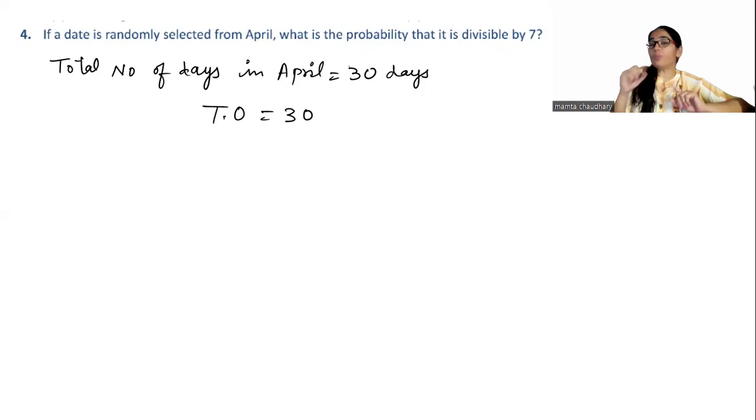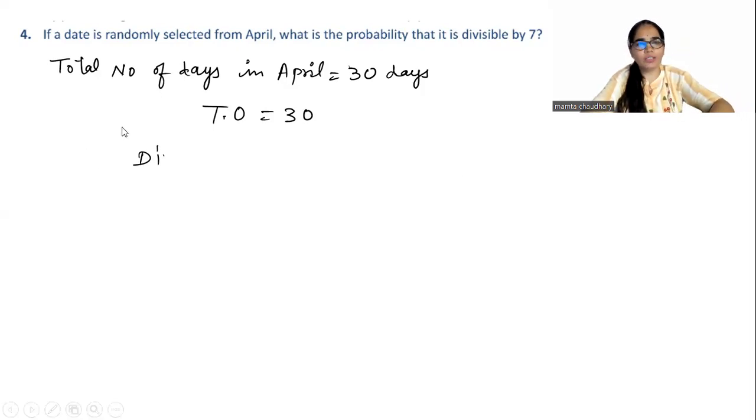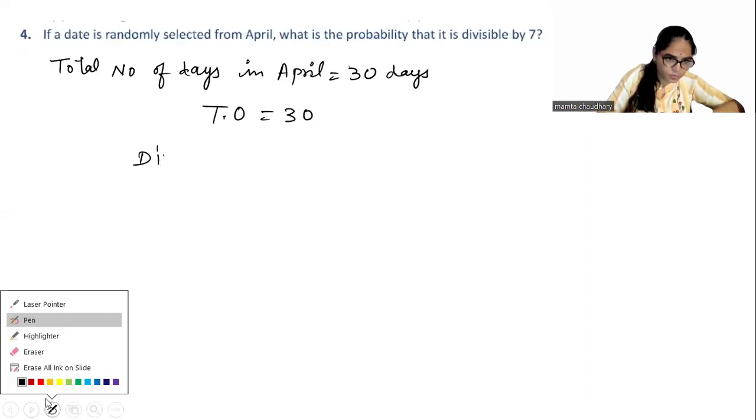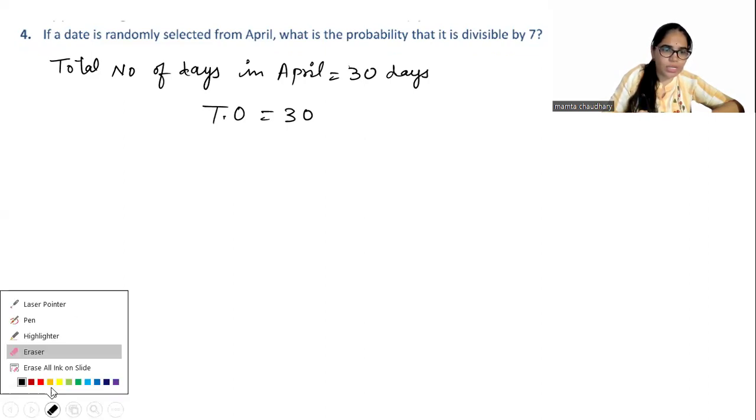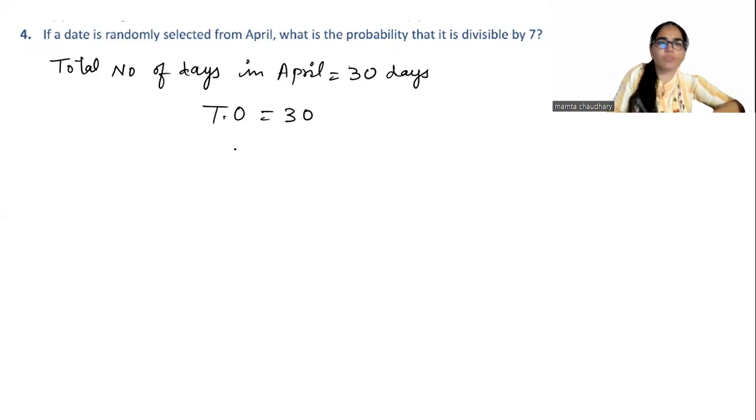Now find the probability that it is divisible by 7. From 1 to 30, how many numbers are divisible by 7? You can write divisible by 7, or you can write it as favorable outcomes. The favorable outcomes are 7, 14, 21 and 28.